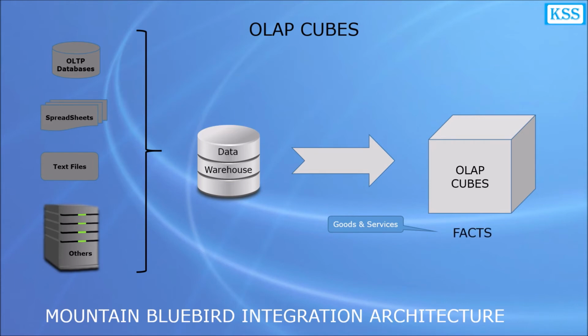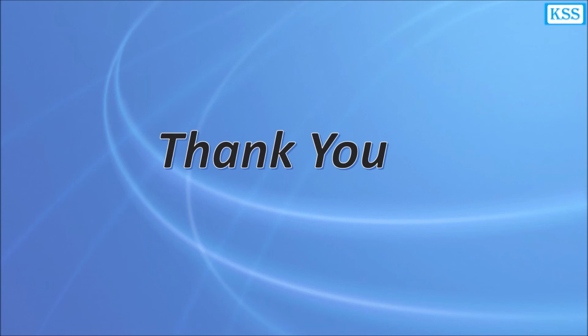Remember, the facts are whatever you measure to determine the effectiveness of your organization. Then the who, what, where, when, and how nouns that are related to your facts become the dimensions. And of course, this is only a simplistic introduction into Olap cubes. However complex and sophisticated are your operations, our integration architects have the expertise to deliver whatever is necessary.